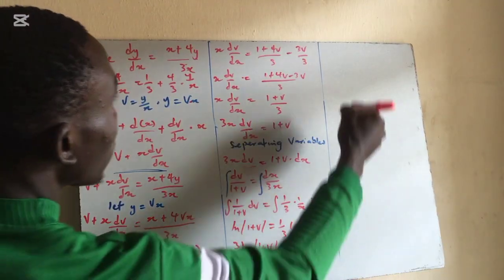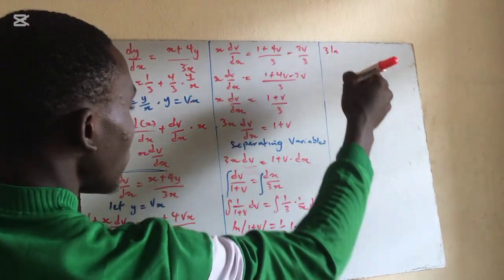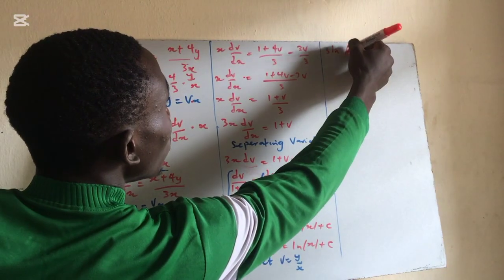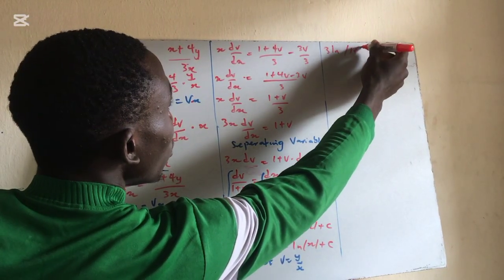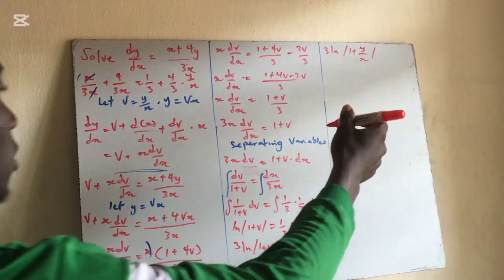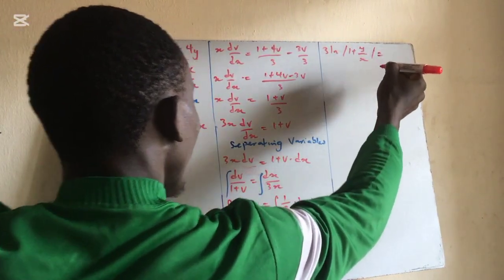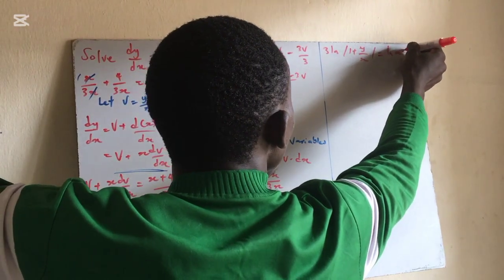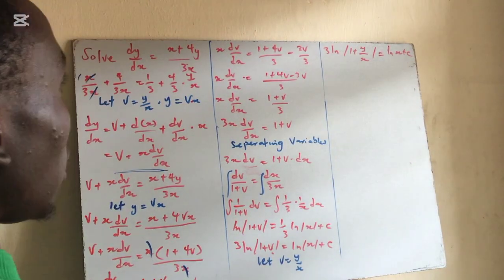So we'll be having 3 ln(1 plus y over x) equals ln x plus c. So that is what we have there.